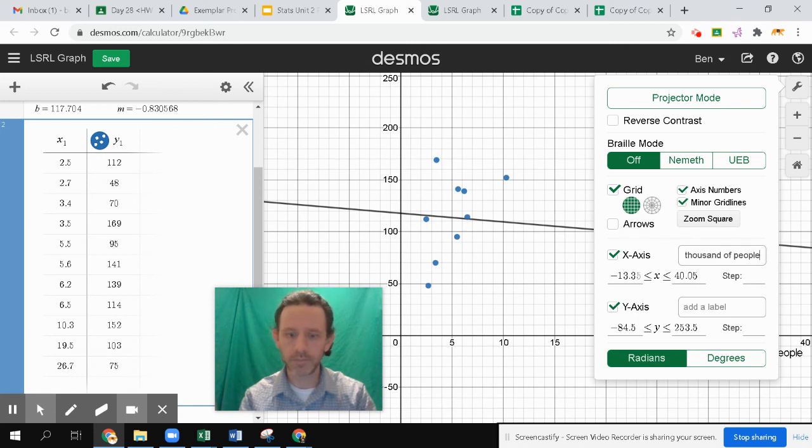That's our unit. Okay, so that's important that you keep that in there. It's not going in increments of one. This is really going in increments of 100,000s.